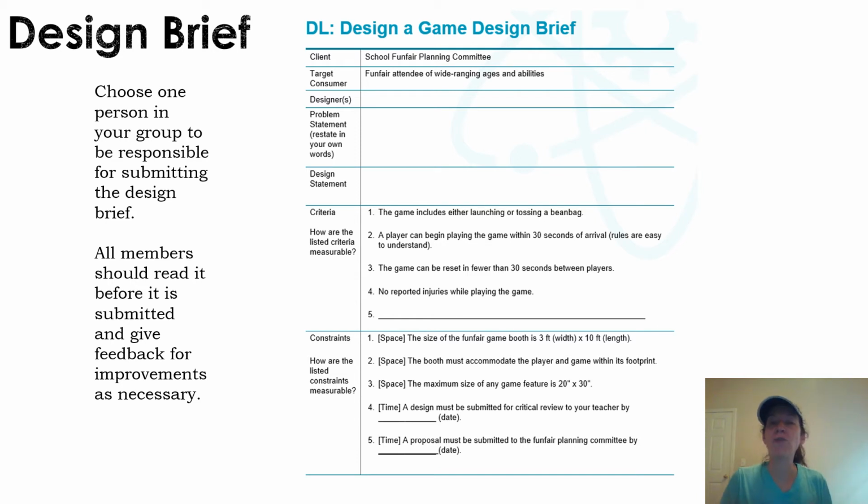So whoever is doing the design brief, first of all, write in pencil, and then every member of the group should be able to read it, see it, and then offer feedback. So we've talked about what feedback is in this class. If there's something on that design brief that you don't think was as clear as it could be, you're going to offer those actionable suggestions for improvement, so that you're okay with whatever's being submitted for your group.